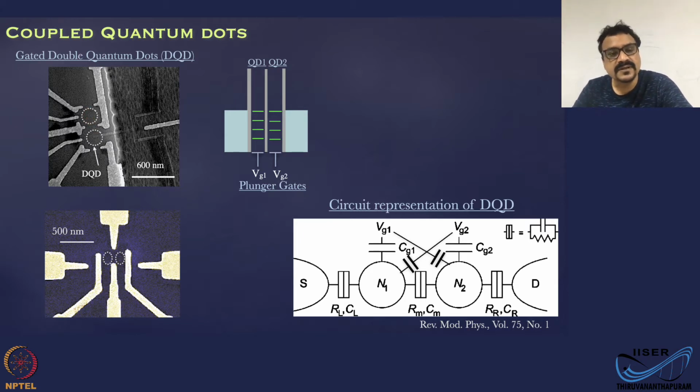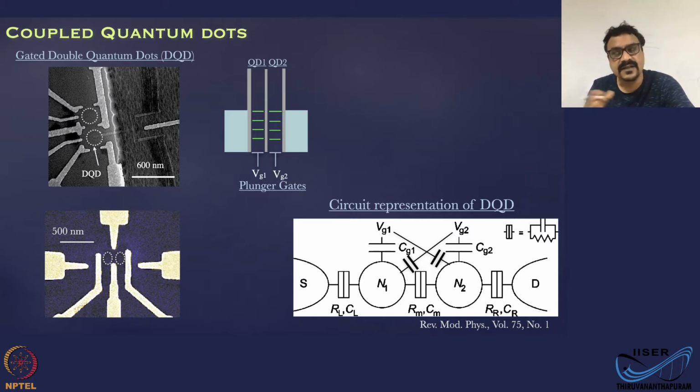When I say coupled, what that means is they are tunnel coupled. So the system that we are going to discuss in this lecture and the next lecture is two quantum dots. They are tunnel coupled, they are in series with an external circuit. So what that means is the electrons can tunnel from one quantum dot to the other and then go to the other electrode, or in the other direction.